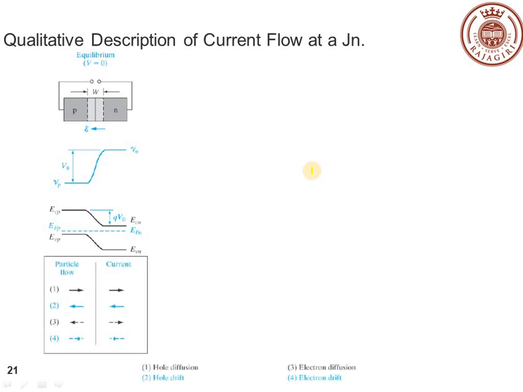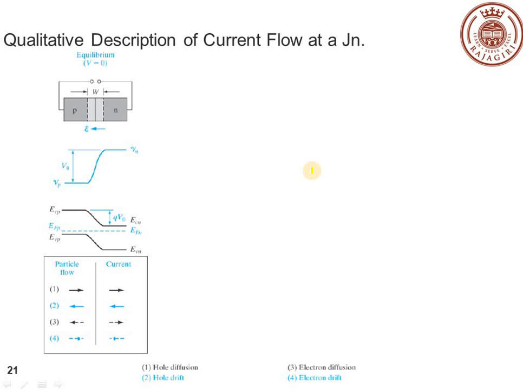Now we have seen the particle flow and current flow directions also. We have 4 components: hole diffusion, electron diffusion, hole drift, electron drift.